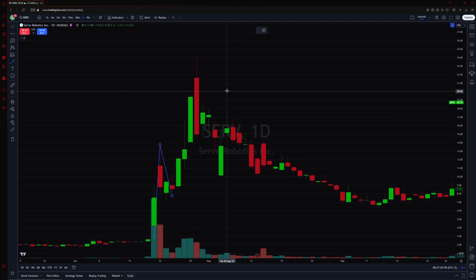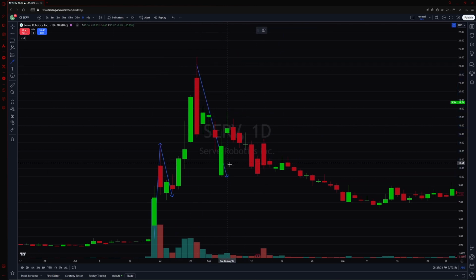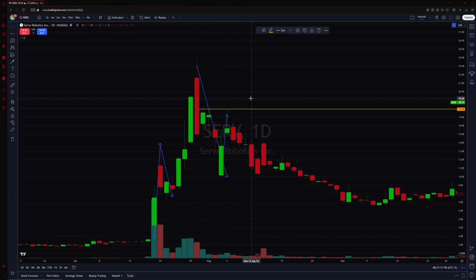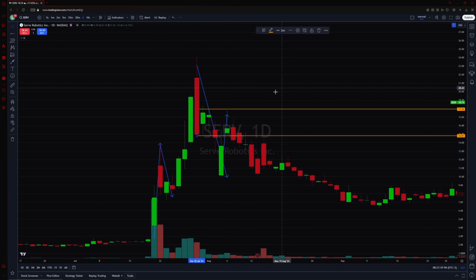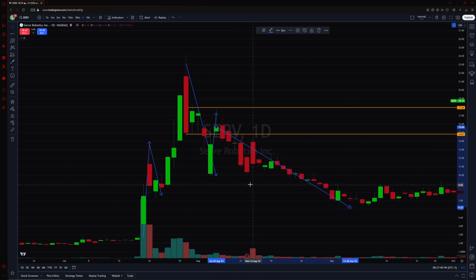On the second time, it ends up working out quite all right. We get this extension. We get this reversal to the long side. We get back into this sort of consolidation zone right here. We've got a lot of bottoming and topping tails on the daily, except this time we put in the pin bar and we're expecting the continuation to the downside, and that is what happens this time.